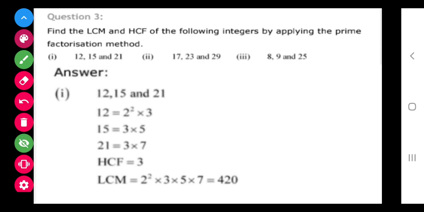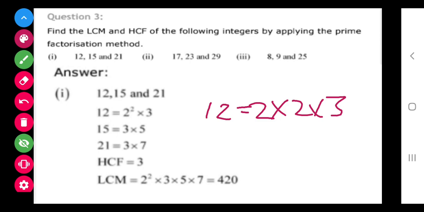Now class, question number 3, to find the LCM and HCF of three numbers. Class, this is a little different, don't take it easy, it's not an easy one. Class, see, 12 is equal to 2 into 2 into 3.